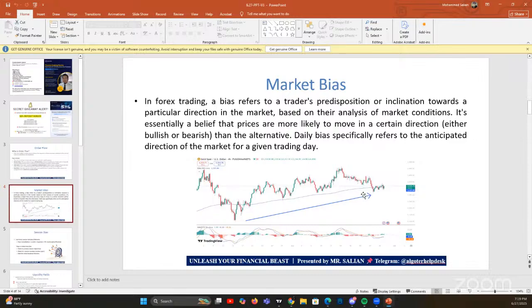It's essentially a belief that prices are more likely to move in a certain direction, either bullish or bearish. Then daily bias specifically refers to the anticipated direction of the market for a given trading day. For example, for gold, there's an EMA 200 there, and that's the bias. Very easy. I hope you get this already. Moving on now.